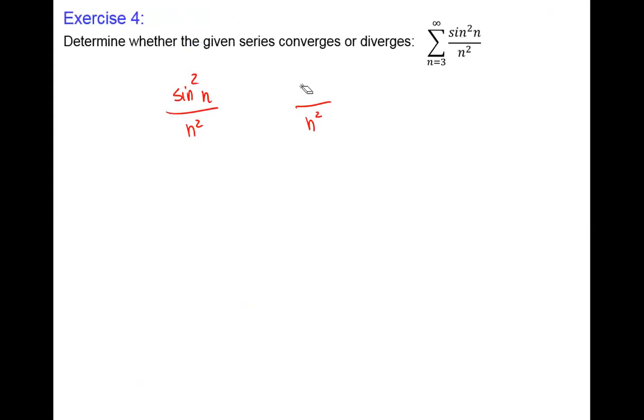What can I put here? Do we know the maximum value of the sine function? Even if I square it, it will probably stay the same. Oh, we don't know the maximum value of the sine function? You do know.